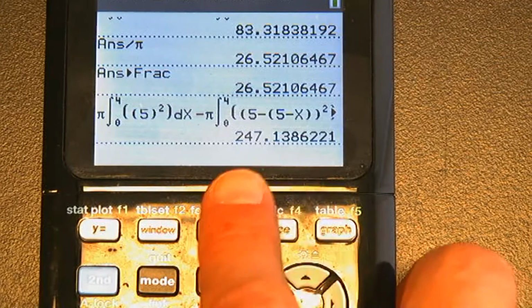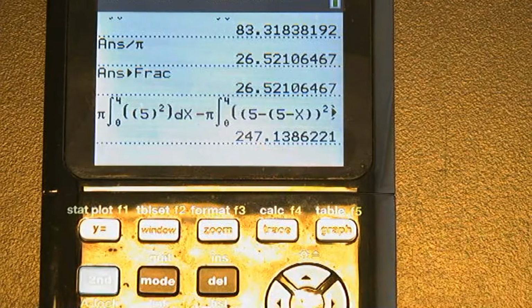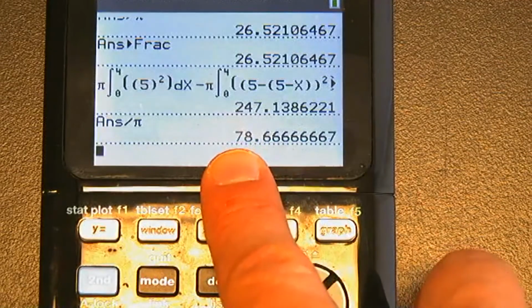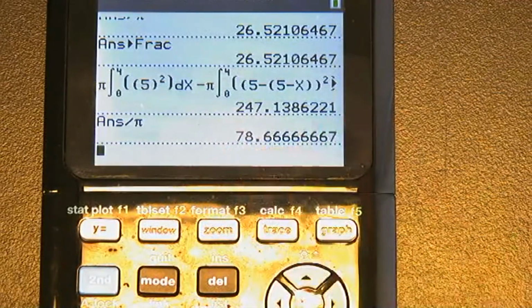So I got about 247.14. If I divide by pi, that means about 78 2/3 pi. Okay, so you can call that 78 2/3 pi, or you can call that approximately 247.14.